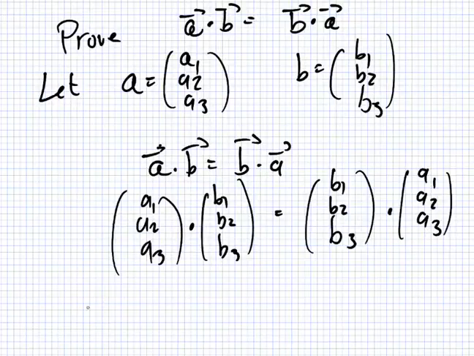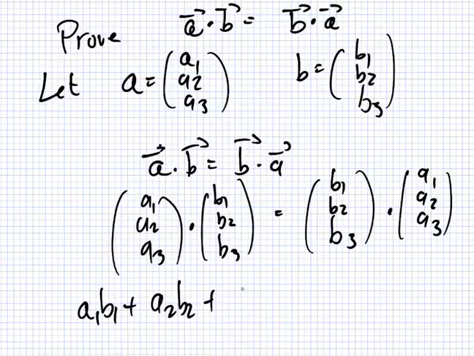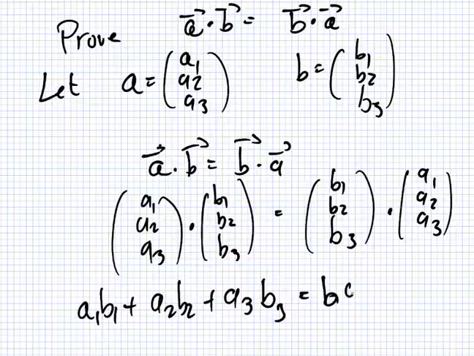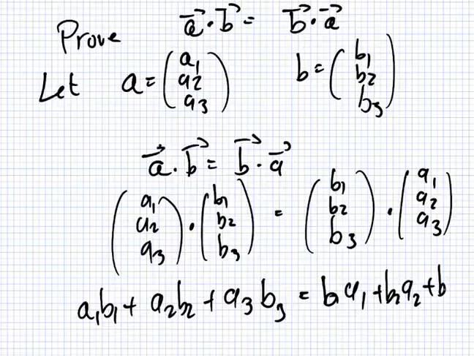So when I multiply the left I get a1b1 plus a2b2 plus a3b3 equals b1a1 plus b2a2 plus b3a3.